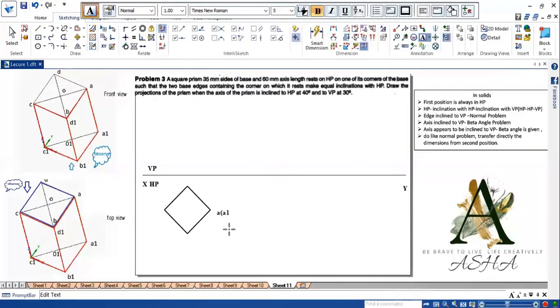A is visible, B is visible, B1 is hidden, C1 is hidden and D1 is hidden.